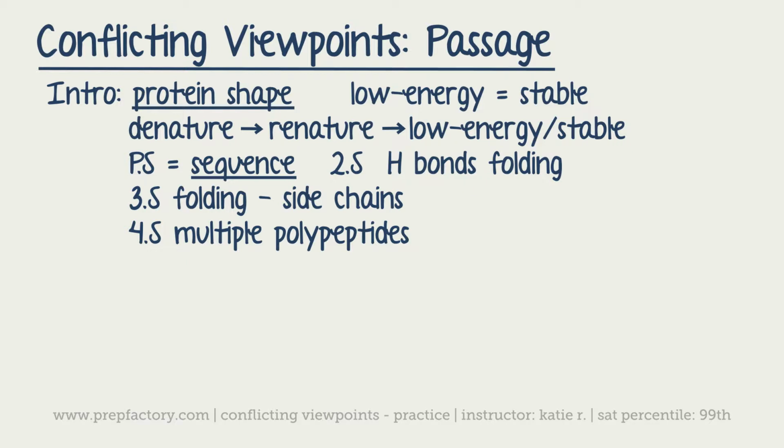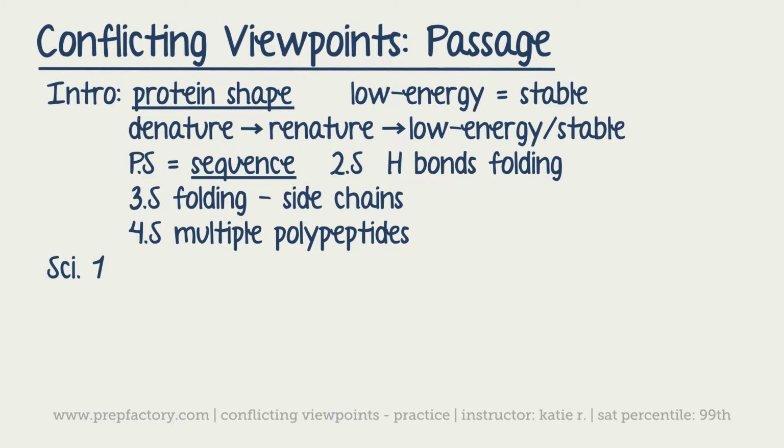Okay, and then pursuant to our little 5-step method, I'm going to also read Scientist 1. So Scientist 1 says, the active shape, the biologically functional shape of a protein is always identical to the protein's lowest energy shape. Any other shape would be unstable. Because a protein's lowest energy shape is determined by its primary structure, its active shape is determined by its primary structure.